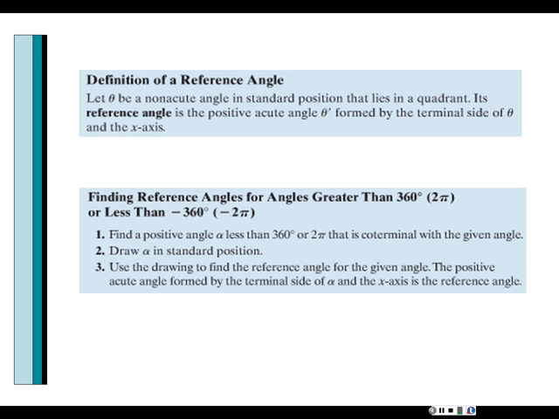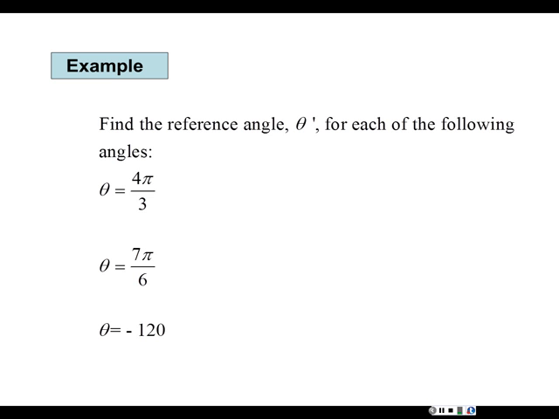Whatever angle you are given, based on that we'll be finding that, and draw alpha in a standard position, and then use the drawing to find the reference angle for the given angle: the positive acute angle formed by the terminal side of alpha and the x-axis is the reference angle. Let's do a problem, then we'll probably understand it much better. Now, let's say we have 4 pi over 3. How can you write it as?